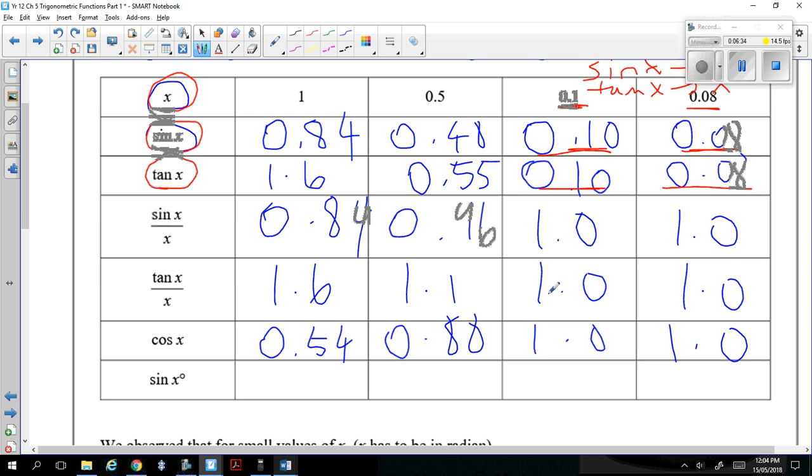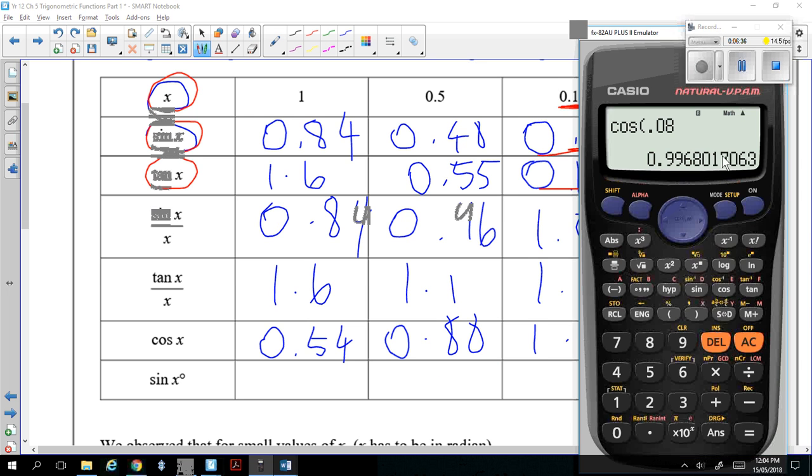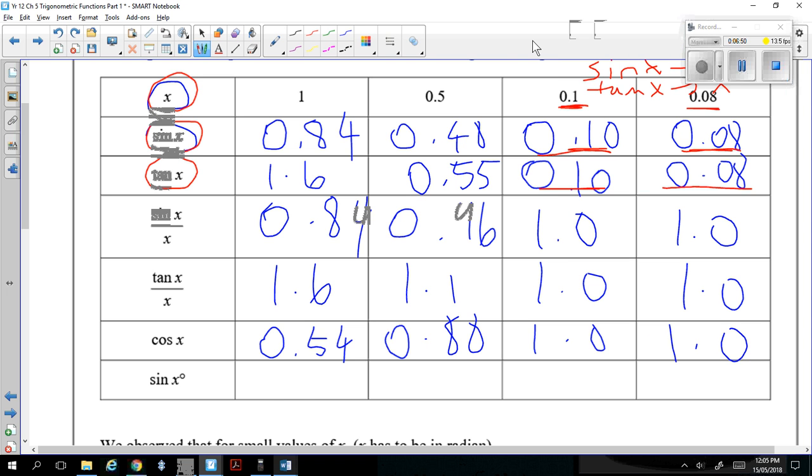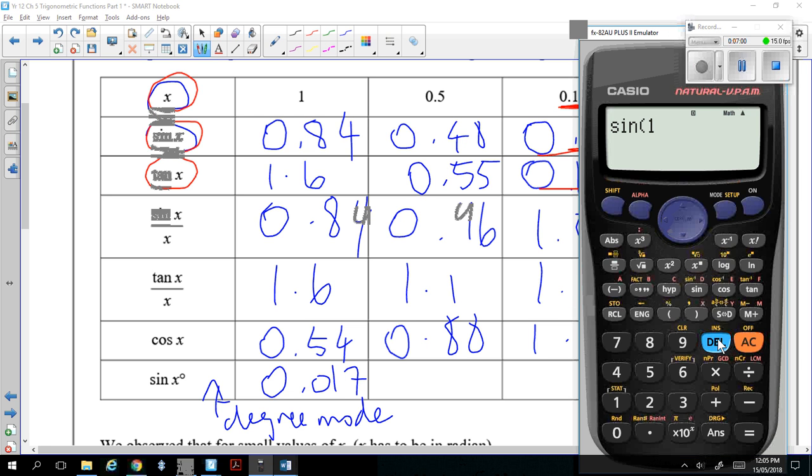And in addition, you can do this. Now, what if you change it to degree mode? Would it still work? Let's try with degree mode. Shift, mode, degree. So let's do sine 1. You get 0.017. And then the next one, 0.5, you get 0.0087.